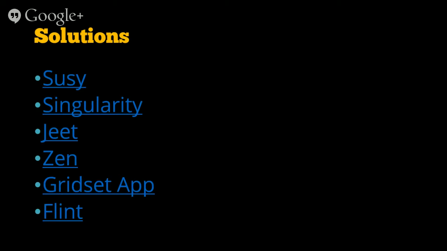Zen is very simple to get started with. Flint is super new, and GridSet app is a completely different approach. It's a visual product and it's a paid product, but it helps you achieve beautiful designs using ratios and convert that into meaningful CSS.